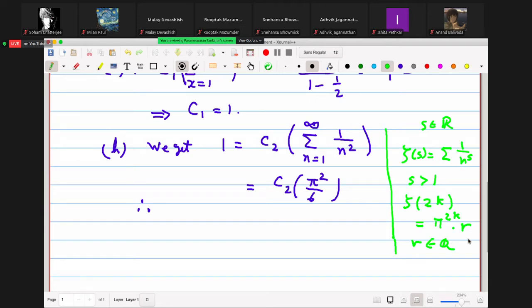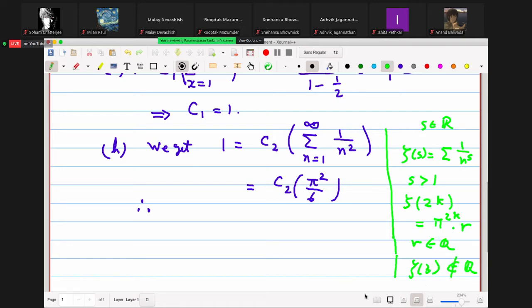Now I cannot resist but say that for odd values, it is not even known whether it is transcendental or rational. What is its behavior? It's not known. It's a major result that zeta 3 is irrational.